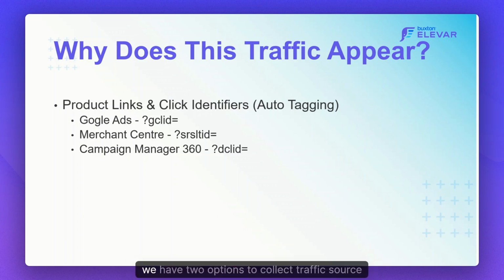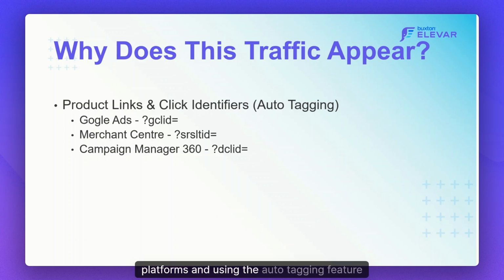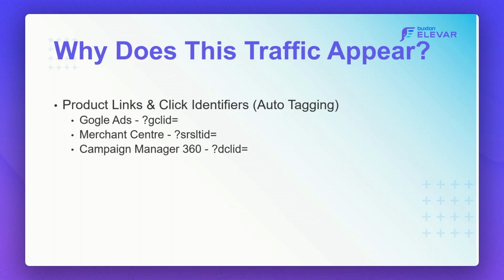The next one is product links and auto tagging. With GA4, we have two options to collect traffic source information, either via manual tagging, where we leverage UTM parameters, or via creating an integration between GA4 and ad platforms and using the auto tagging feature available with these ad platforms.